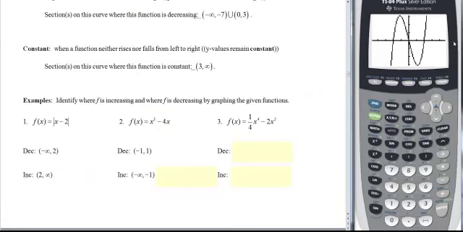From -1 to 1, my curve is decreasing. And then starting at 1, going to infinity. Notice coming in this way, starting at 1, my y values increase as I go to my right. So I have to do a union and 1 to infinity. Try the next one. Pause me. Go ahead and do it.